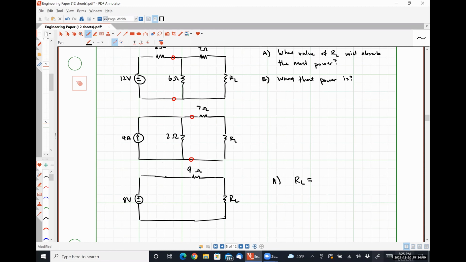The maximum power transfer occurs when our load resistance is equal to our source resistance, RS. Well, in this case, RS is just 9 ohms. So maximum power transfer occurs when RL is 9 ohms.